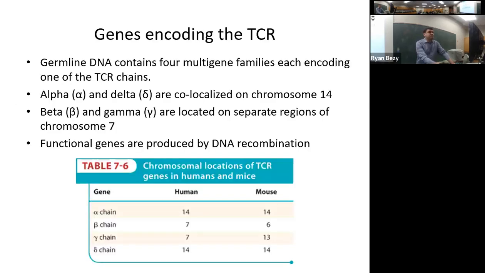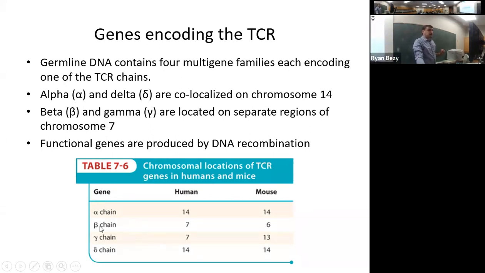All right, the genes encoding the T cell receptor. Alpha and delta genes are co-localized on human chromosome number 14. So again, alpha chain genes are on 14, so are delta chains, and they're actually mixed in with one another. Same spot on chromosome number 14.